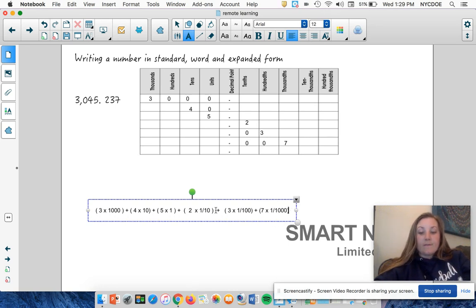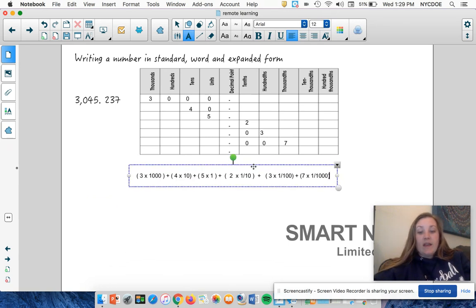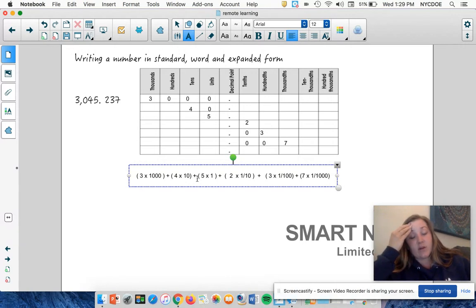So this would be an appropriate way to write 3,045 and 237 thousandths in expanded form. You can also write your whole numbers using exponents, but I'm not going to do that right now because of the way it writes in exponent form and because the crayon is very sloppy.